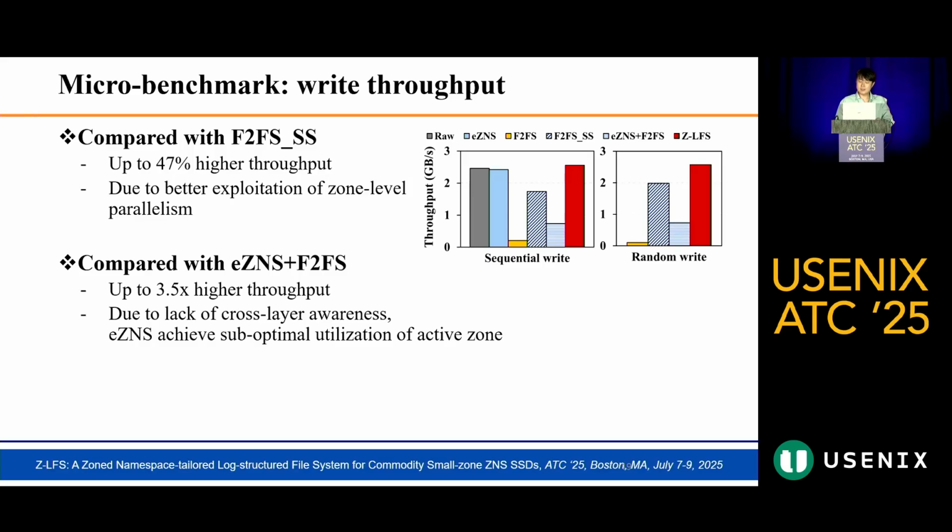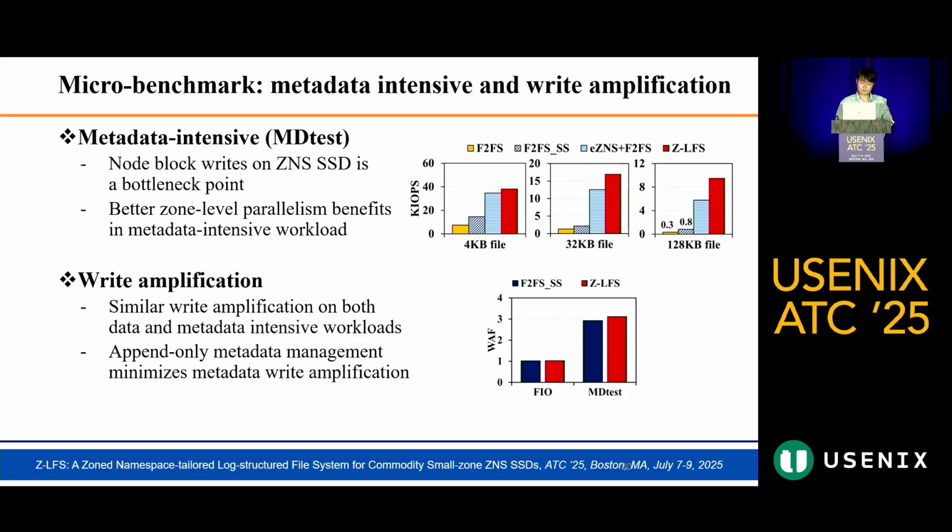This allows Z-LFS to maximize resource utilization and achieve better performance. Even in MD test, a metadata-intensive workload, Z-LFS outperforms all other approaches. In this workload, not only LFS metadata, but also node blocks are frequently updated during file creation. Thus, better zone-level parallelism improves node block writes and leads to higher performance.